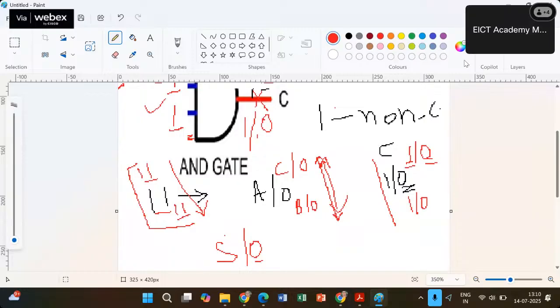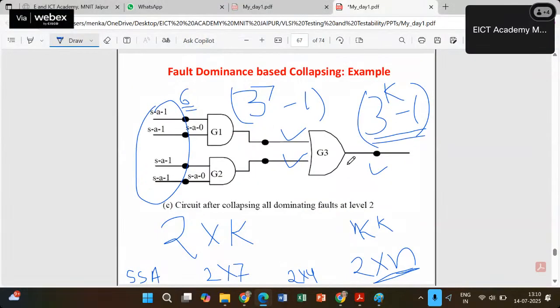But in the input, this is the easiest possible that I can make that 0 or 1, whatever I want to make, because input is in our control. Output I can just observe. So that is easy to observe. Input is hard to observe, right? So because of that, I will be reducing the output fault instead of input faults.